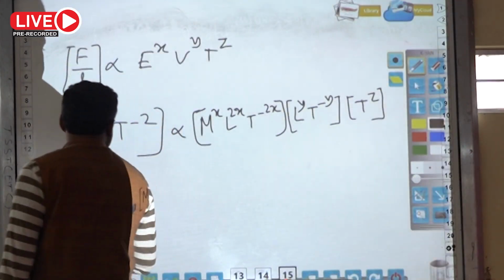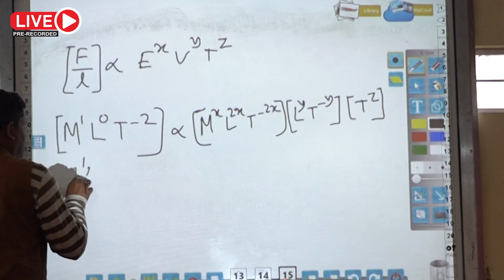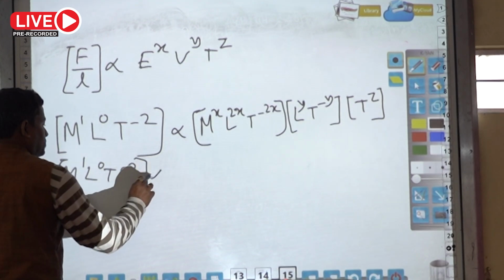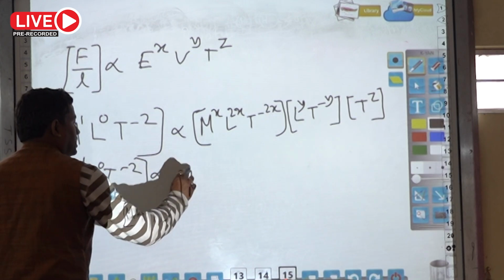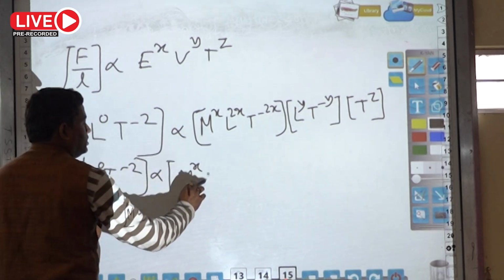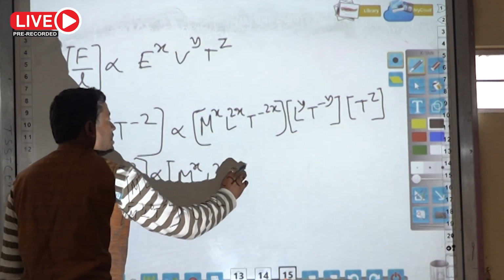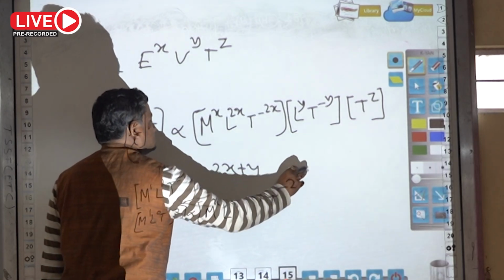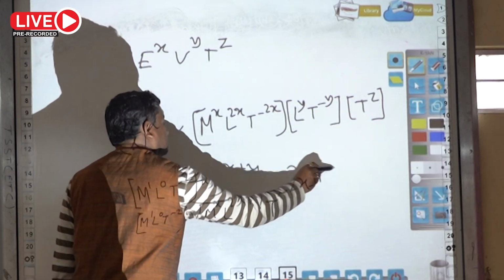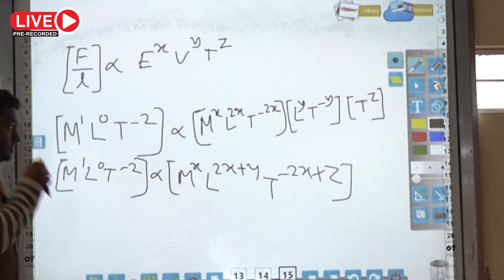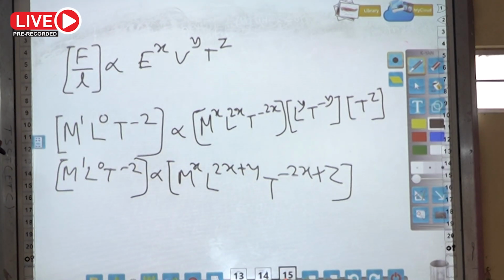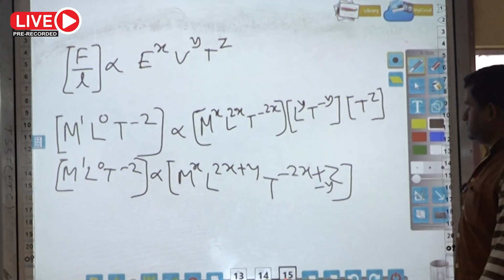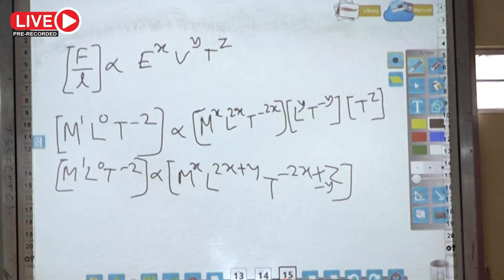Then we can write M to the power 1, L to the power 0, T to the power minus 2, that will be proportional to M to the power x only, L to the power 2x plus y, and T to the power minus 2x minus y plus z.